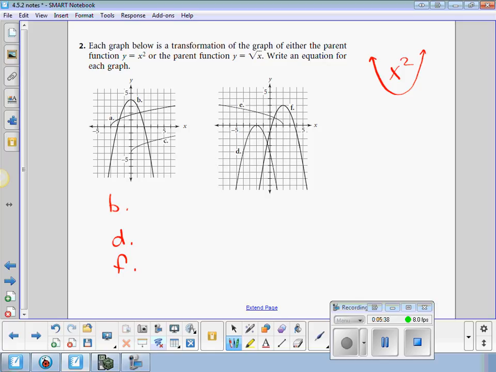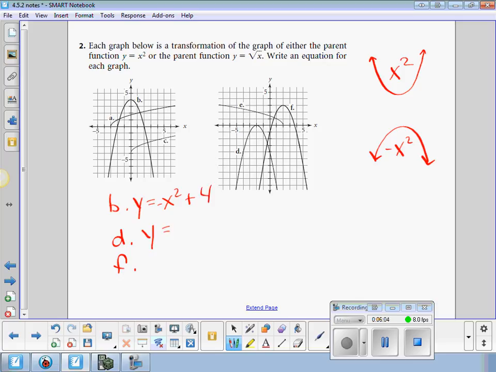That'd be weird. They're like running on their backs or something, okay? Well, how do you make it turn upside down? Take x squared and make it negative. So that's one thing that happened to all these graphs. They're negative x squareds. B is negative x squared up 4 blocks away from home.